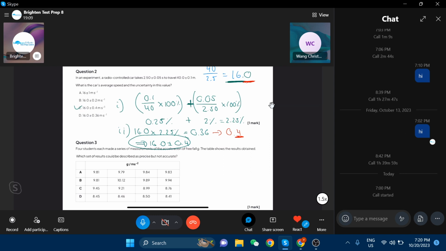Now, question 3. Measurements of the acceleration of the free fall, the g value.